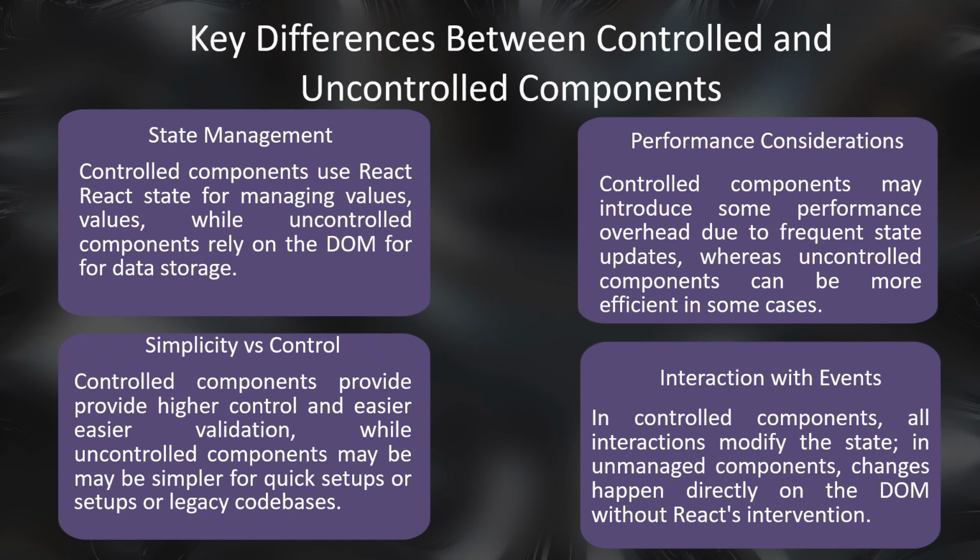Performance consideration: controlled components may introduce some performance overhead due to frequent state updates, whereas uncontrolled components can be more efficient in some cases. Interaction with events: in controlled components, all interactions modify the state. In uncontrolled components, changes happen directly on the DOM without React's intervention.